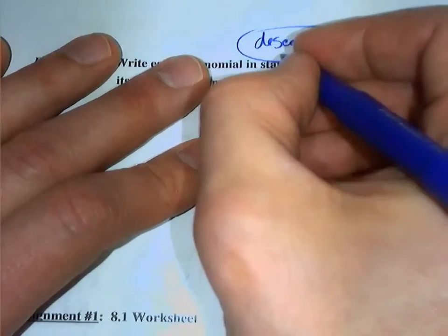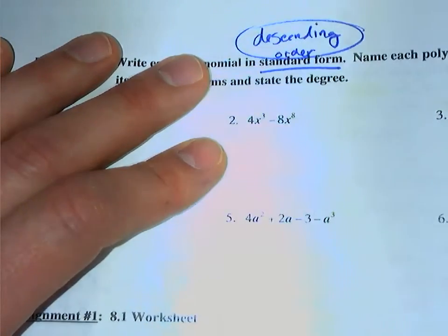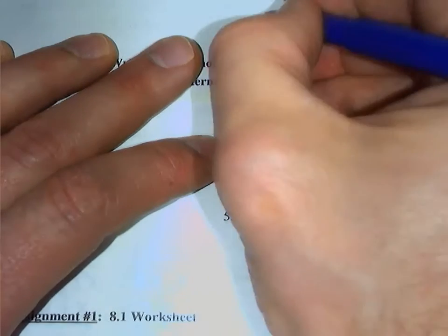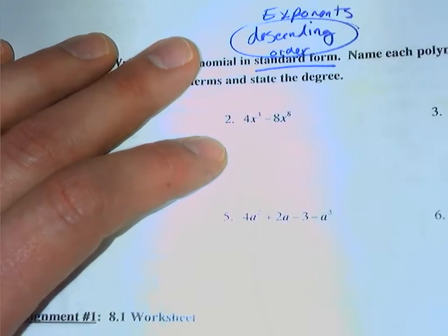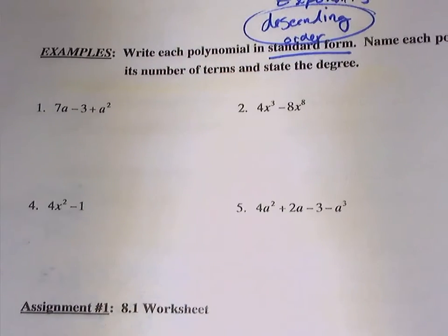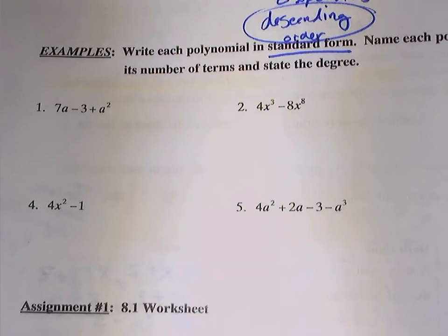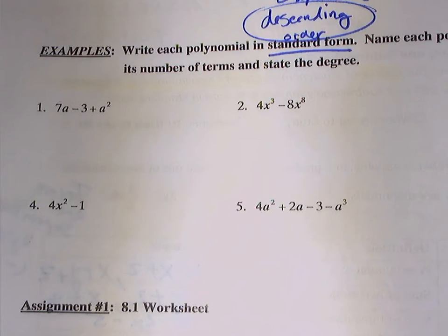So descending order. That's for your exponents. So if we call it standard form, we want to write it in descending order. So the power of x goes smaller and smaller and smaller. Or the power of a, or whatever you're dealing with. Okay?